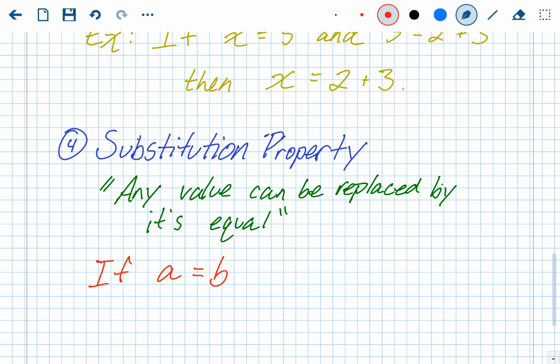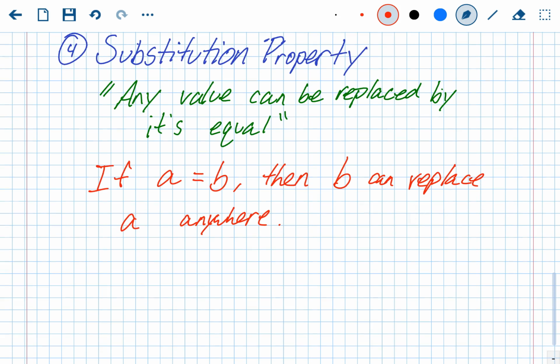So if A equals B, then wherever you see A, you could replace it with B whenever you want. So if A equals B, then B can replace A anywhere.